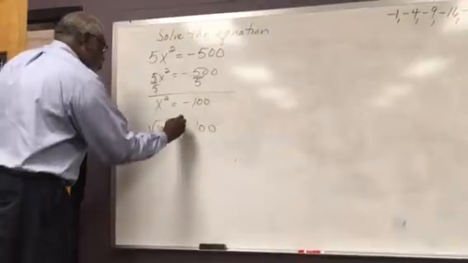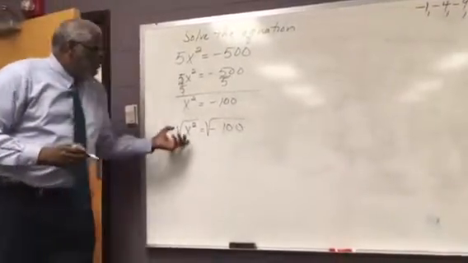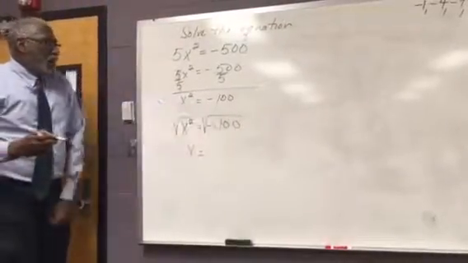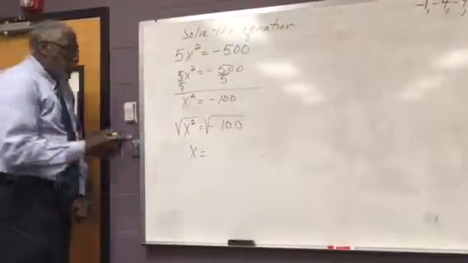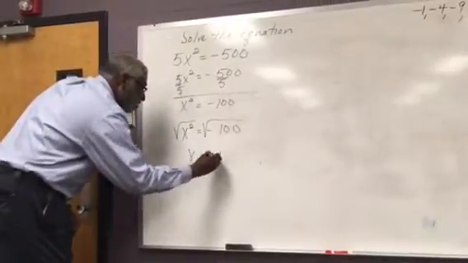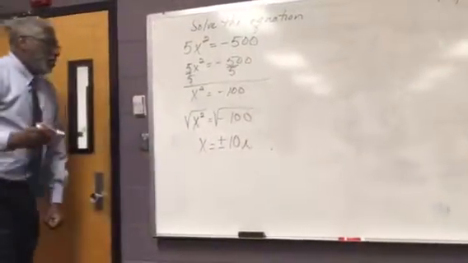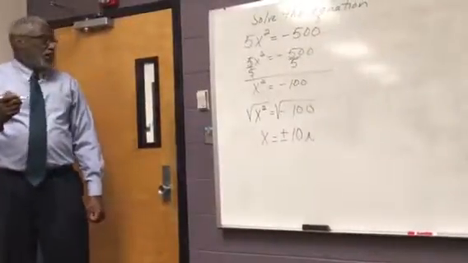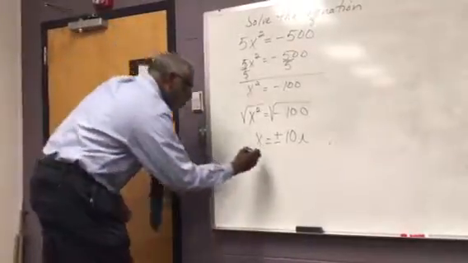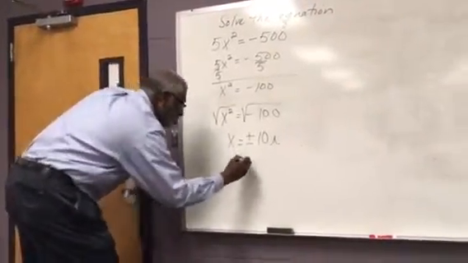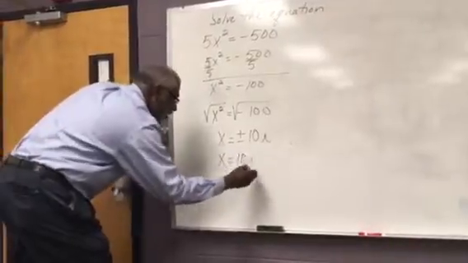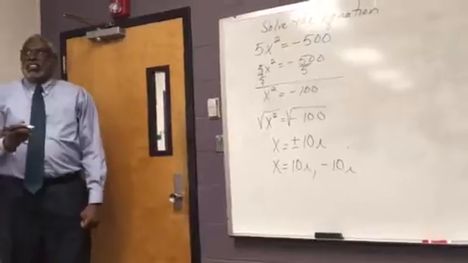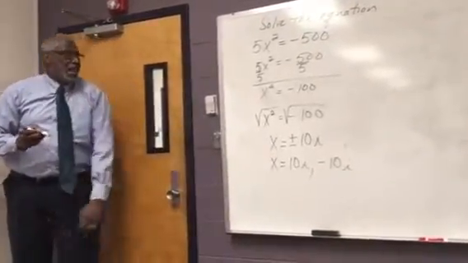If I take the square root of both sides, the square root of x squared is x, and the square root of -100 is plus or minus 10i. Now, where does that come from? That comes from its conjugate. Really, we're saying 10i and -10i are conjugates of each other. That's where the plus or minus 10i comes from.